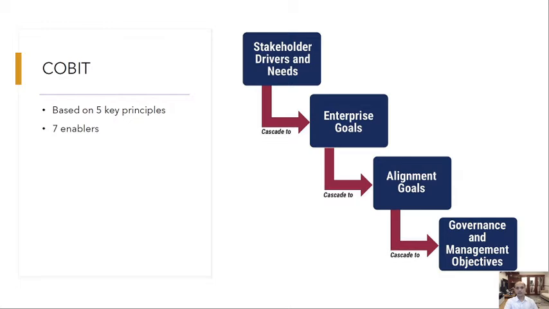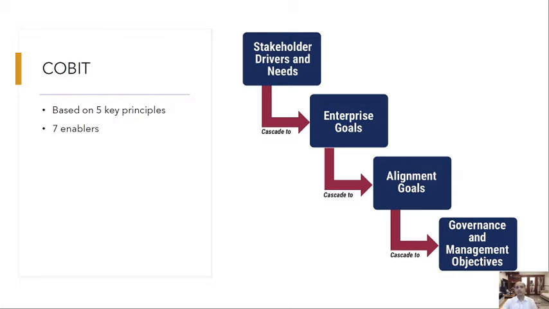Information is required by an organization to continue running, but is also a key product of the organization. Service, infrastructure, and application provide the organization with information technology processing and services. And finally, the seventh enabler is people, skills, and competencies. They carry out activities, make correct decisions, and can take corrective actions.